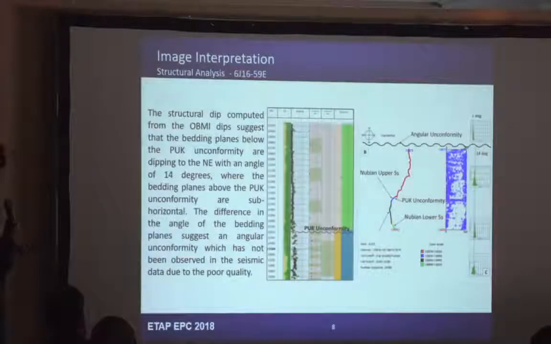Moving to the vector plot here, you can see the whole stratigraphic column section, starting with the Nubian lower sandstone, trending towards the northwest, and going further to the BUK and the Nubian upper sandstone, which is northeast trending.